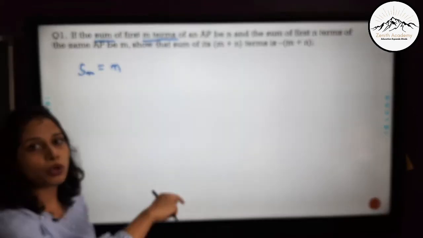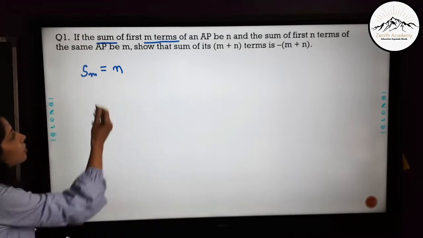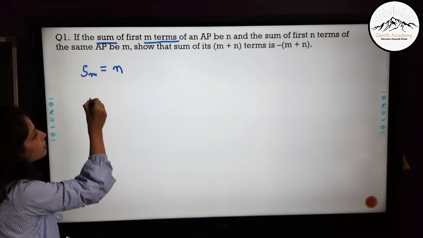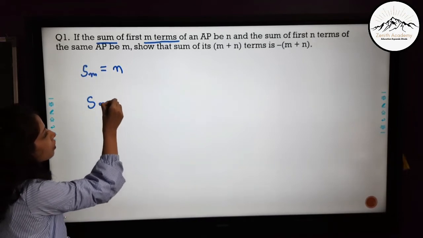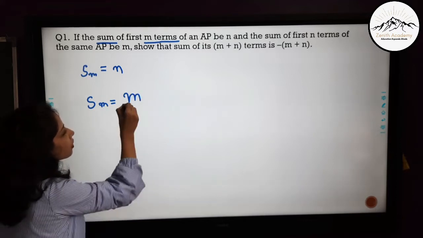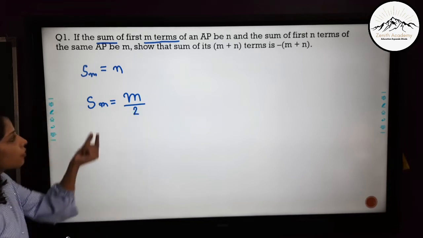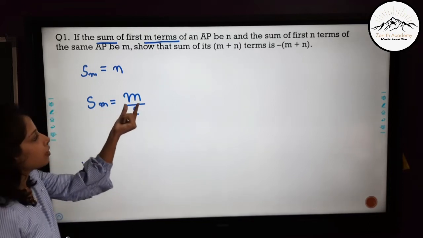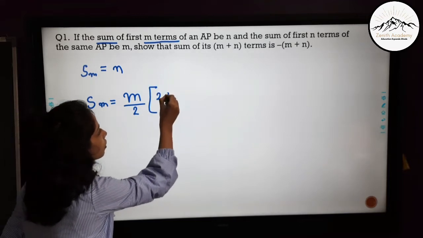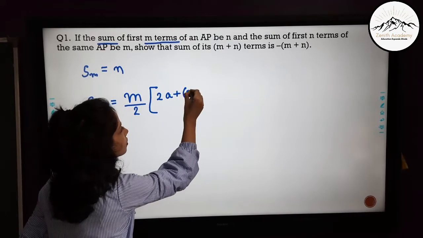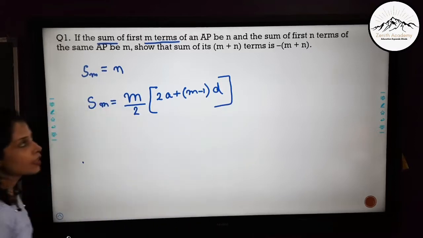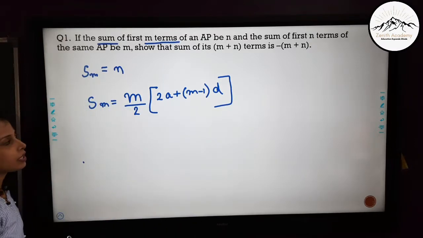Here also we don't know what the AP is. So what we can write for Sm, that is the sum of m terms, since we have been given m, the value will be m by 2, 2a plus (m minus 1) into d. This is how we can write the sum of m terms.